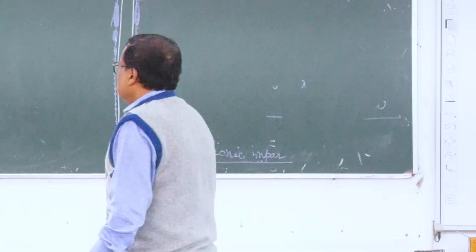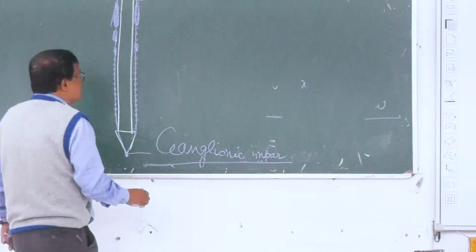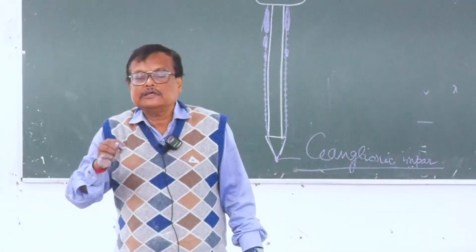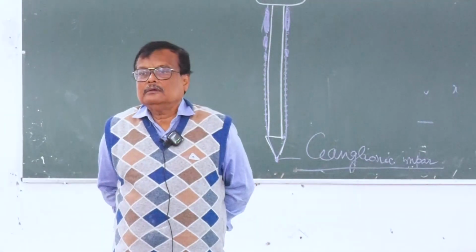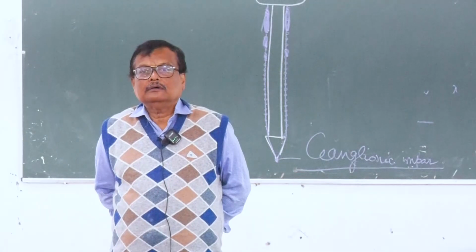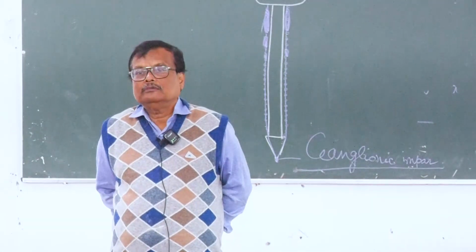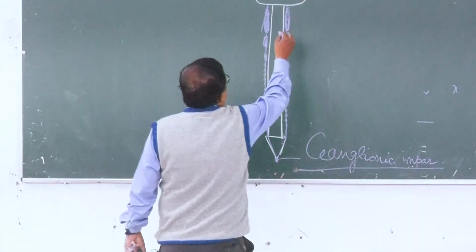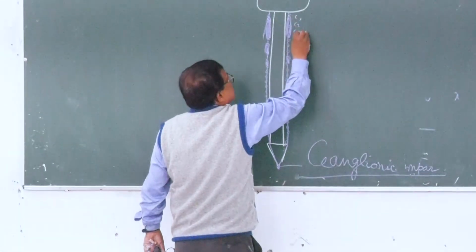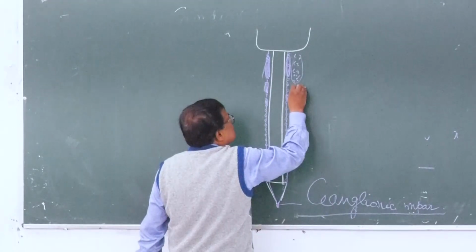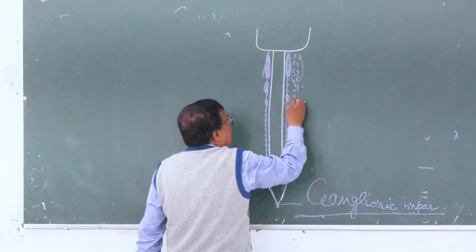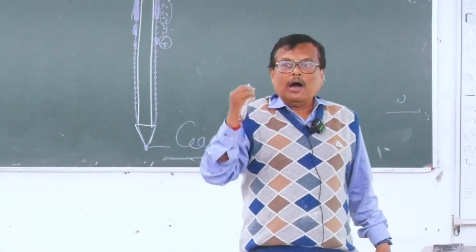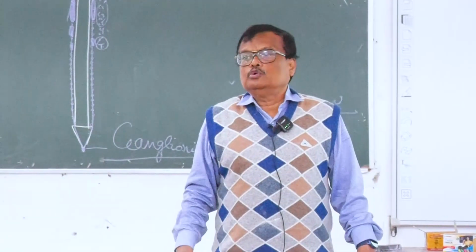Inferior cervical ganglion is usually formed by the C8 ganglion, but one of the most important parts, especially in the thoracic region, is that below the inferior cervical ganglion, what ganglion will be below C8? Which ganglion will be below the cervical? What number thoracic? T1 will be there. I already said, if this is C1, C2, C3, C4, C5 join to form the superior sympathetic, C6, C7 join to form the middle, and C8, and T1 joins with the inferior. The T1 thoracic ganglion joins together to form a single ganglion.